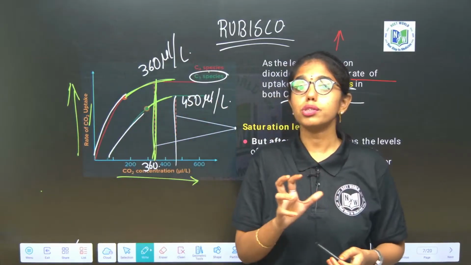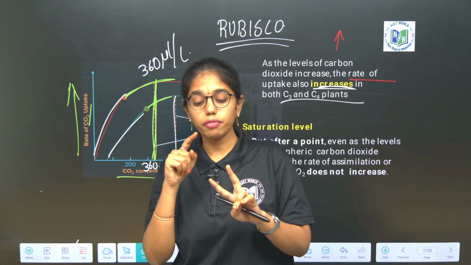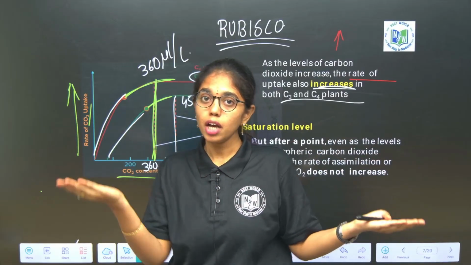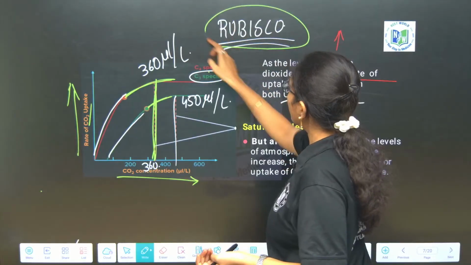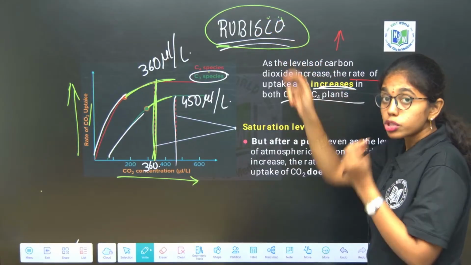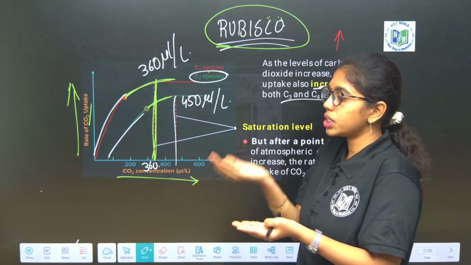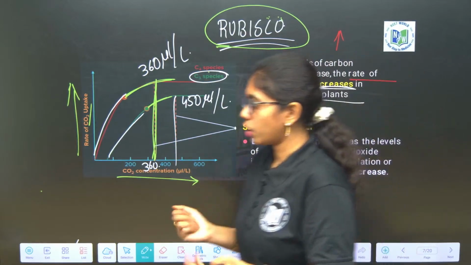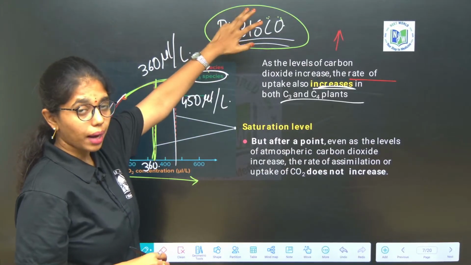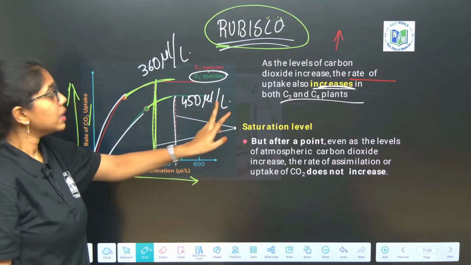Rubisco. This rubisco has a dual nature, right? It has both the functions, carboxylase and oxygenase. So it can bind with both carbon dioxide and oxygen. So here the carbon dioxide concentration should be increased to overcome the competition between oxygen and carbon dioxide. So for C3 species, the carbon dioxide concentration should be increased.